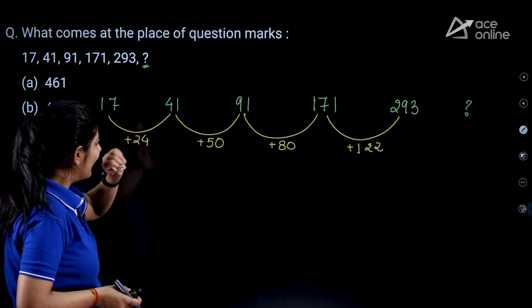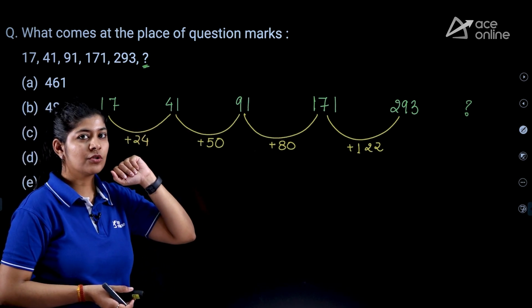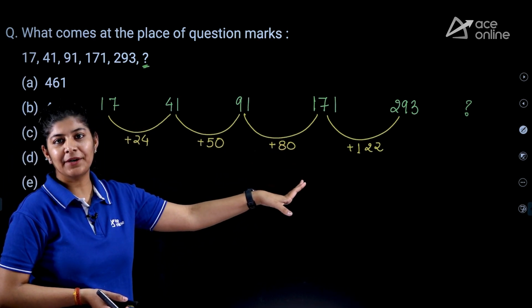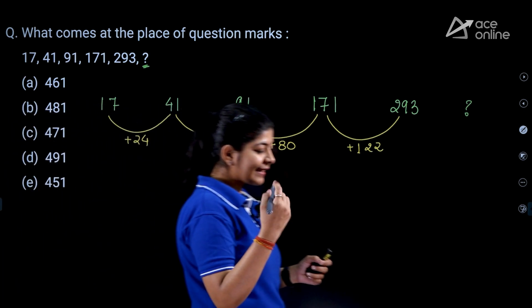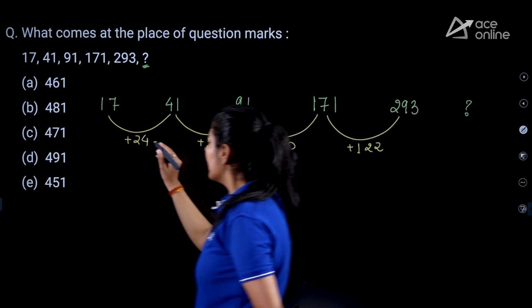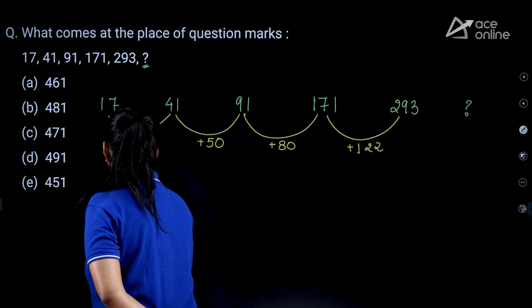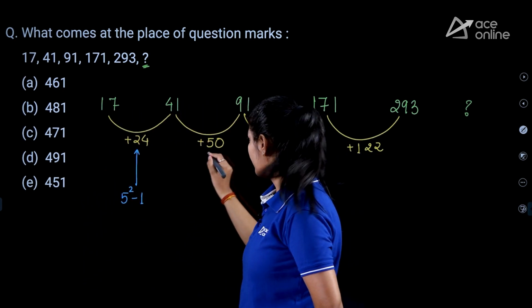But I observe one thing, when I recall my squares and square roots, I see that these numbers are nearby to my square numbers, right? Why? Because when I recall all my squares, this is 5 square minus 1. I can write 5 square minus 1 as 24, right?